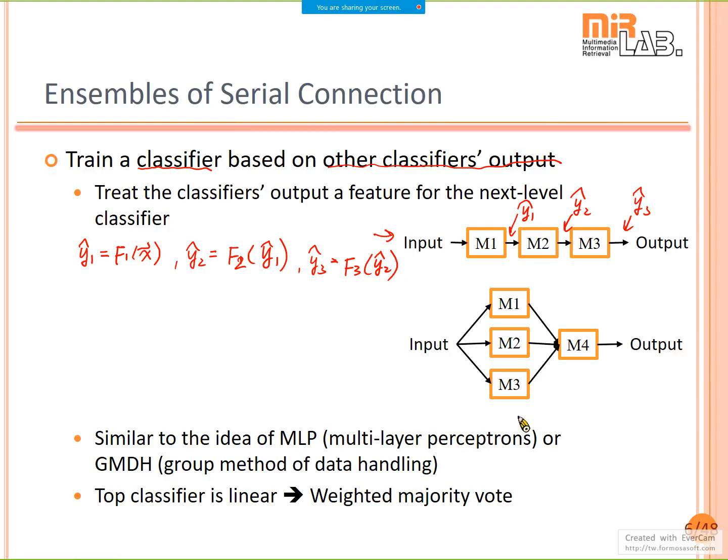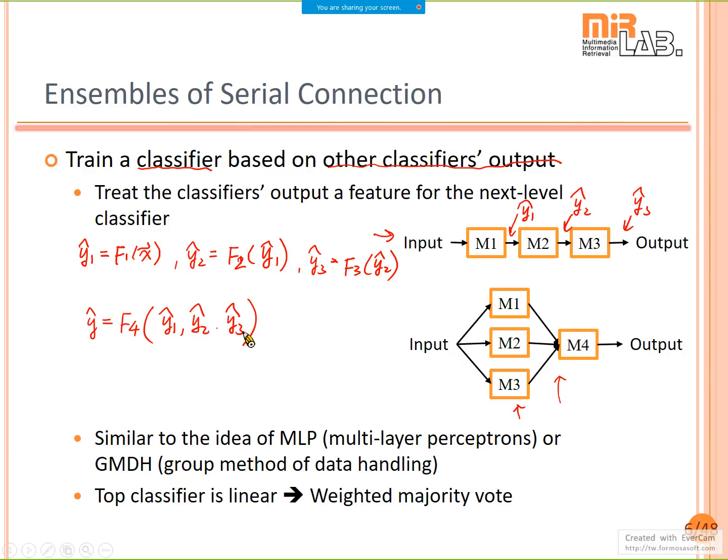We have a parallel connection here and a series connection here. So the output y hat will be f4, taking the inputs from the outputs of the previous models. So it should be y1 hat, y2 hat, y3 hat.